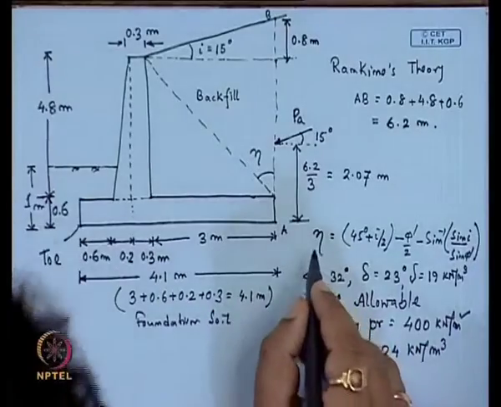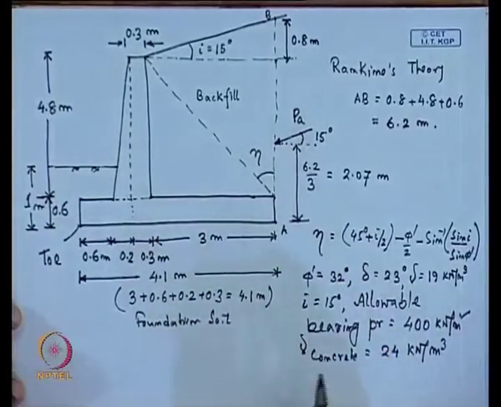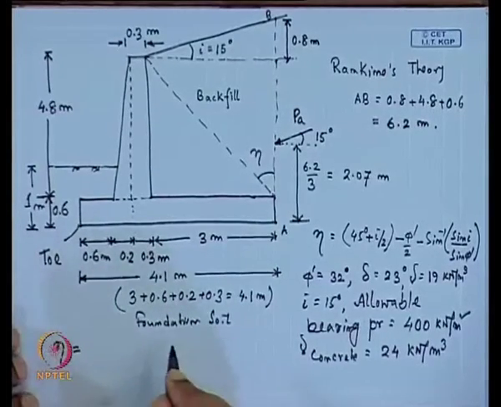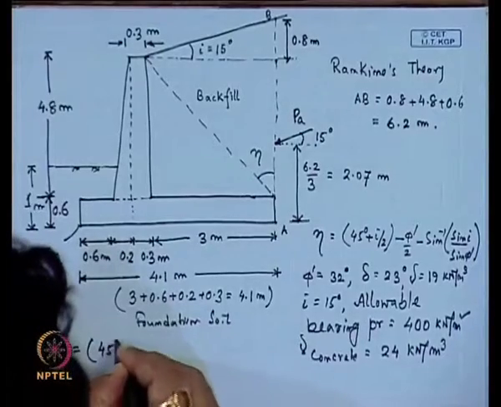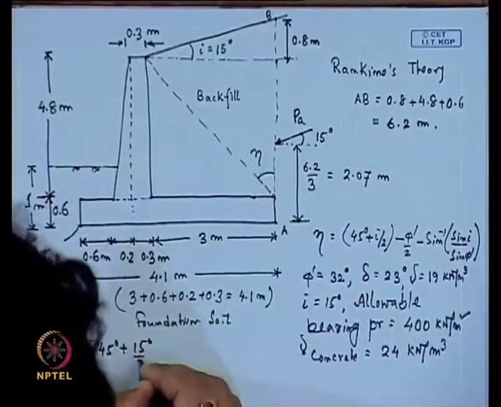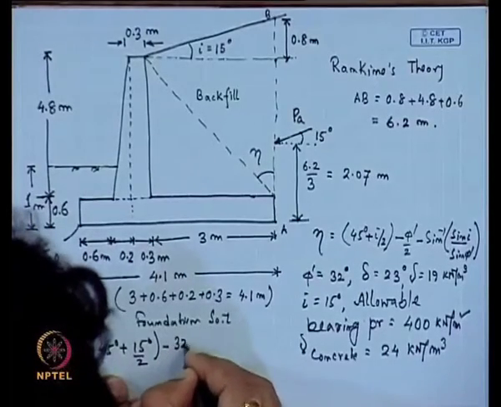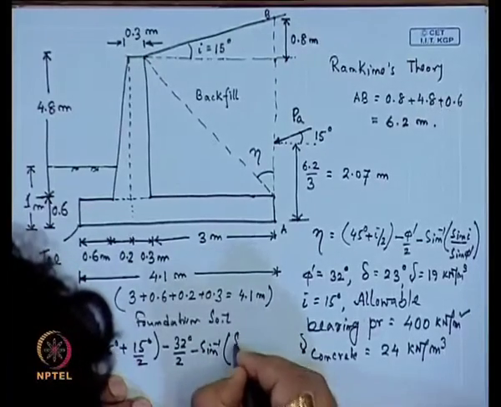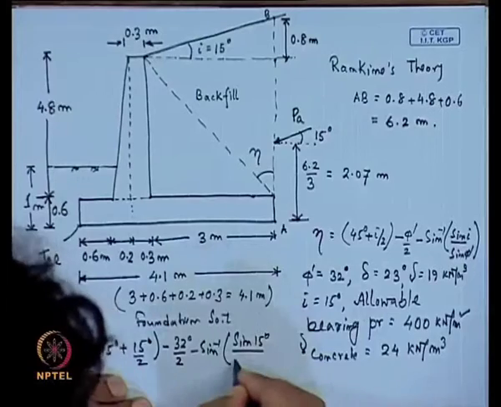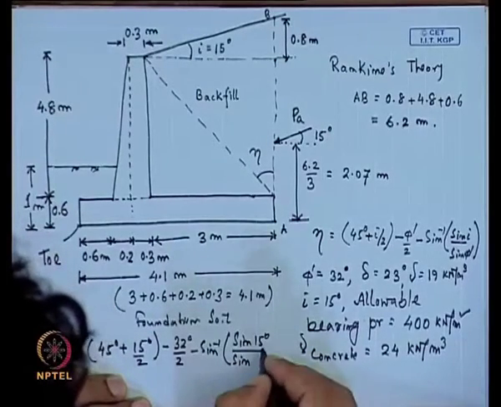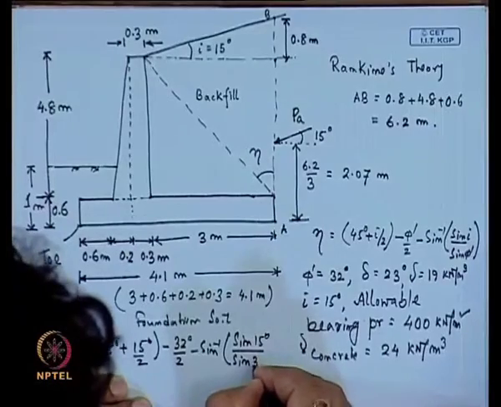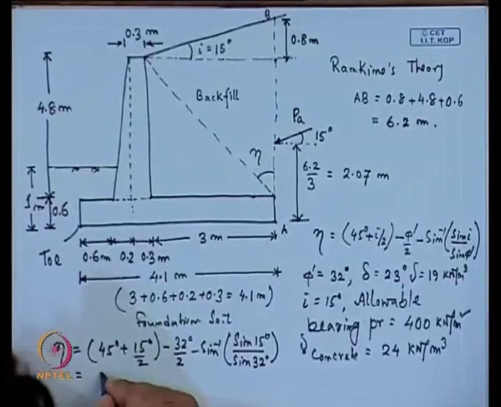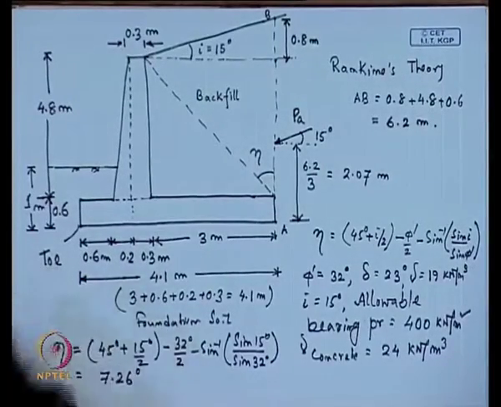So, first we have to determine this angle, so that we can check whether Rankine theory can be applicable or not. This angle we can determine by 45 degree plus 15 degree by 2, minus 32 degree by 2, minus sin inverse of sin 15 degree divided by sin 32 degree. So, this value is coming out to be 7.26 degrees.